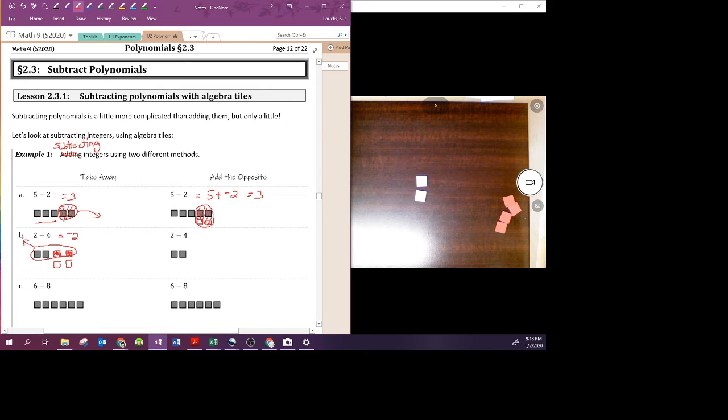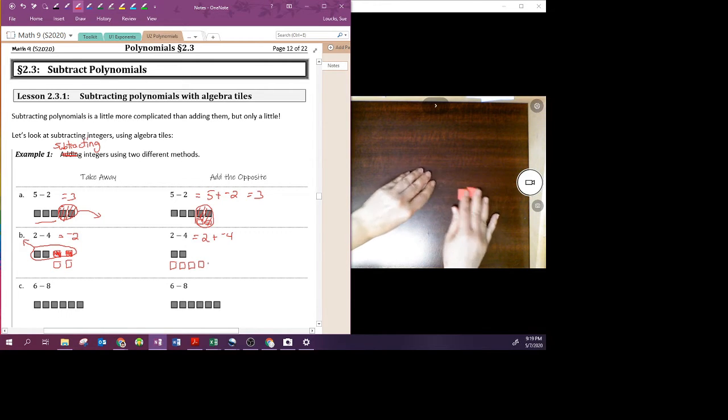Okay, the other way I can do this is by adding the opposite. So 2 minus 4 becomes 2 plus negative 4. So I'm going to add 1, 2, 3, 4 negative 1s, and I'm going to do that over here.